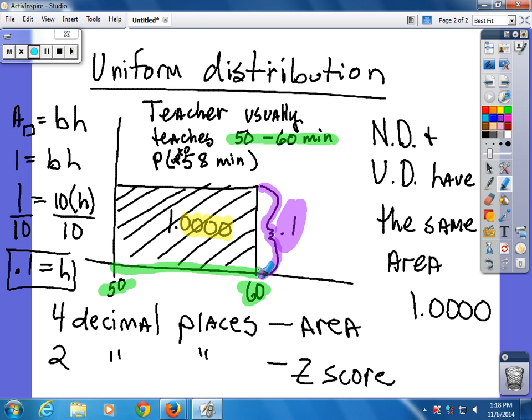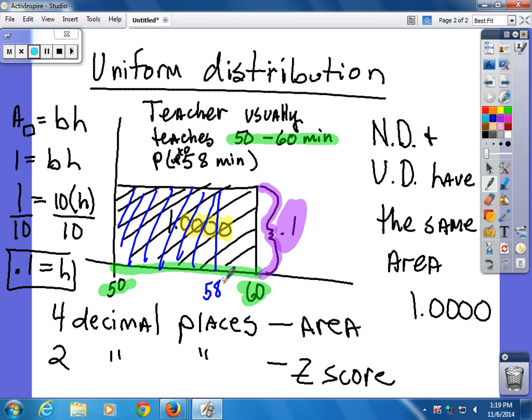The height? The height is what you're going to find. All right, now, I have found the height, and I have the base, it's 10, and I have the area right here. But I want to find the probability that the teacher is going to teach up to 58 minutes.